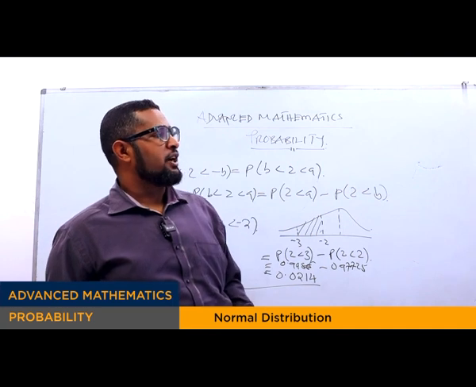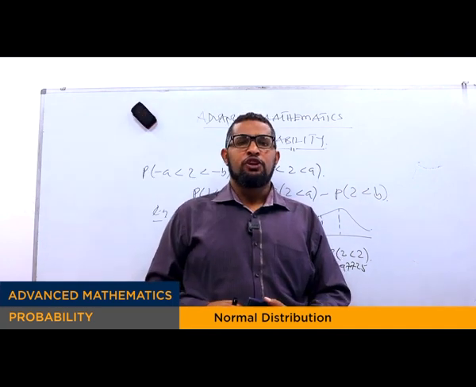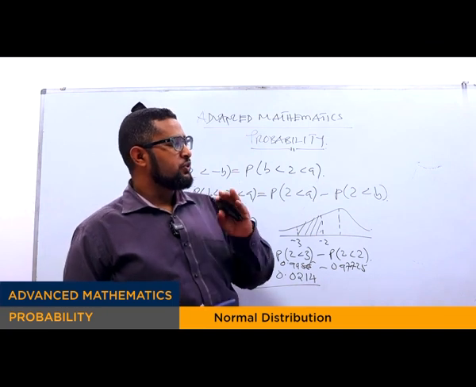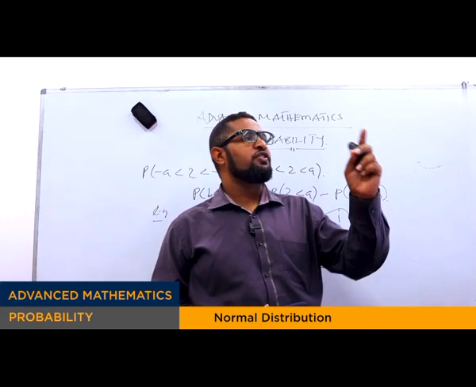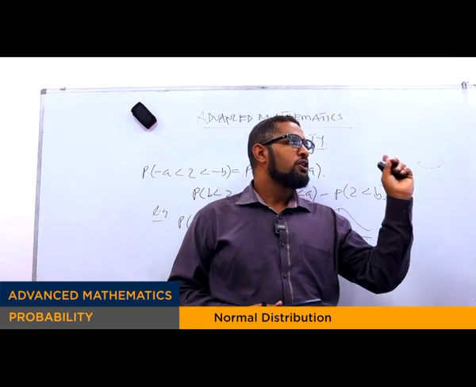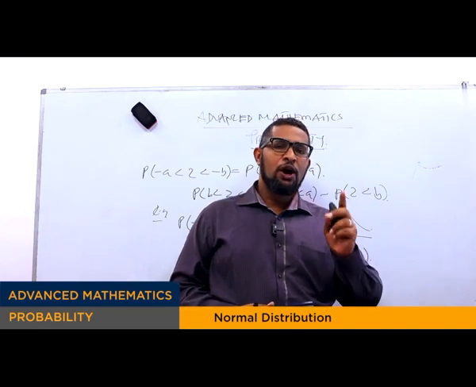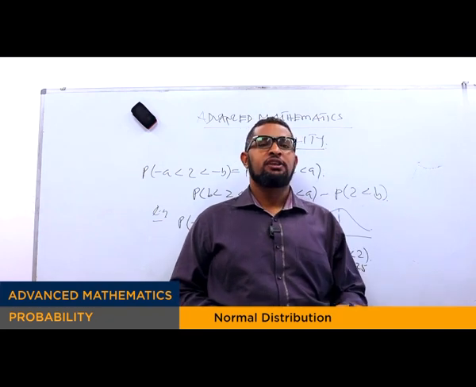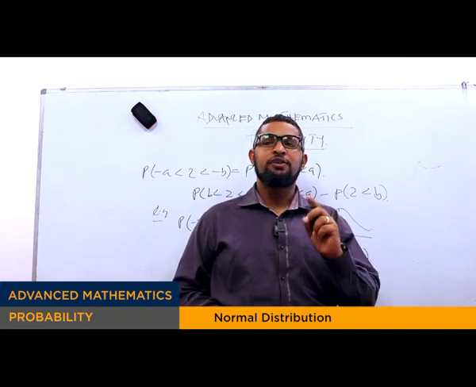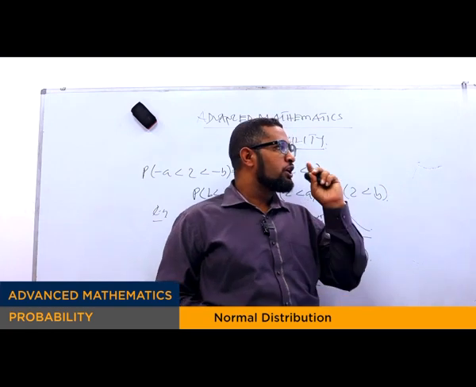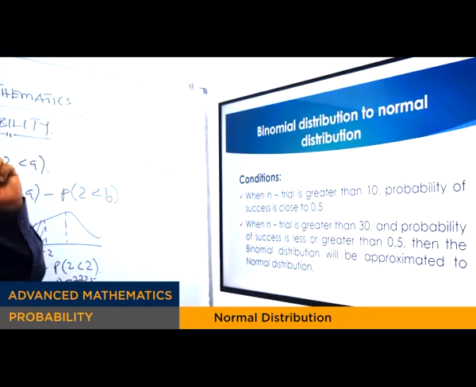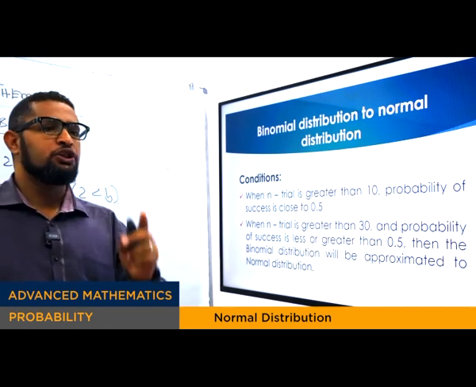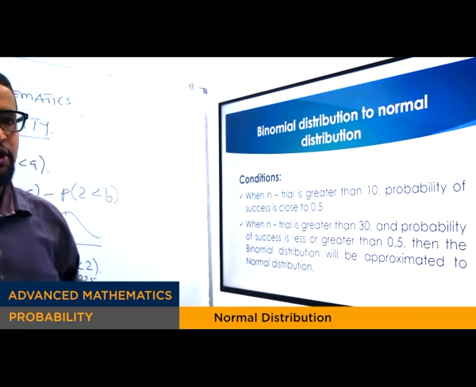Now, apart from that, you can have a question that leads you to change binomial distribution to normal distribution. Here we are dealing with binomial probability distribution and normal probability distribution. So we'll be looking at how to approximate binomial probability distribution to normal probability distribution.